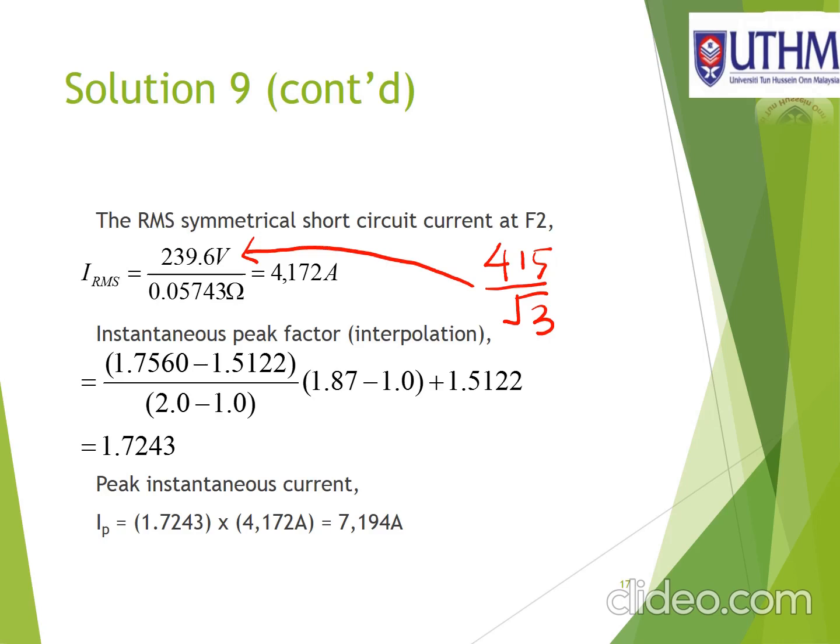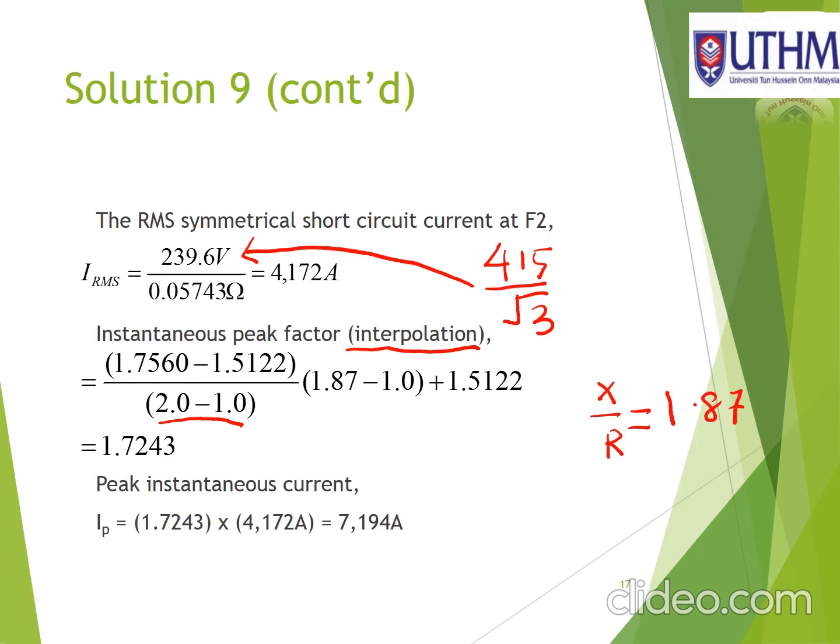Okay, and then we have to calculate what is the instantaneous peak factor, by using the interpolation method. So refer to the table to get the value of factor for 1 and 2. Because we know that the X/R ratio for this system is 1.87.